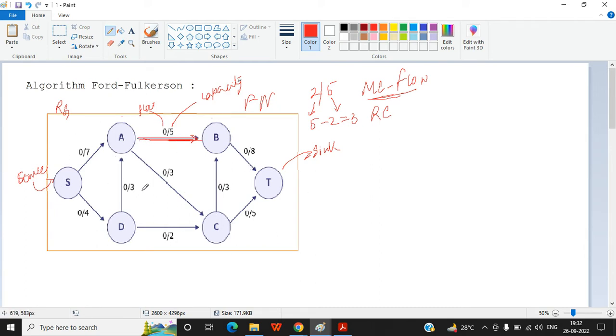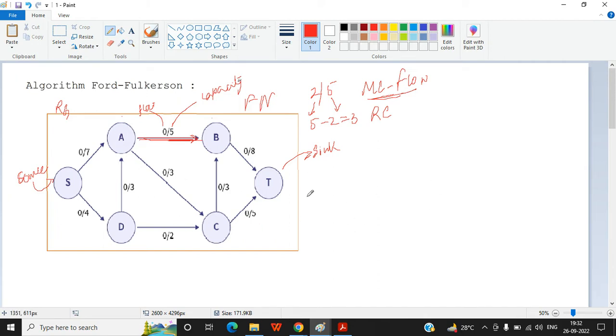There may be a short question like that. I remember that in CA3 there was a question: the Ford Fulkerson method uses what kind of graph? Residual graph. I am going to use those terminologies in the description.